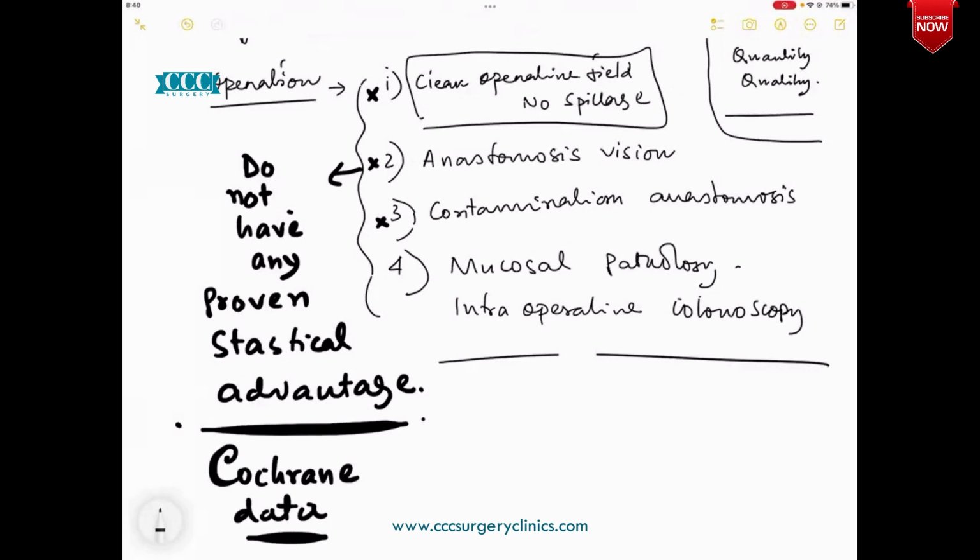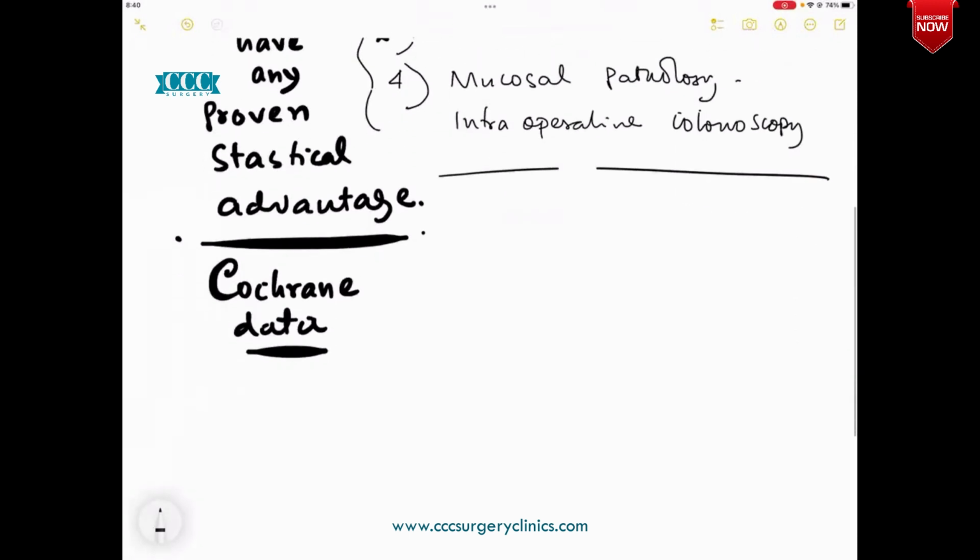On the other hand, there are data which have proven that it may sometimes be associated with more chance of an anastomotic leak and delayed function of the bowel. And in the times when we have talked about enhanced recovery after surgery, this kind of bowel preparation is not at all encouraged in patients who are on the ERAS protocol.